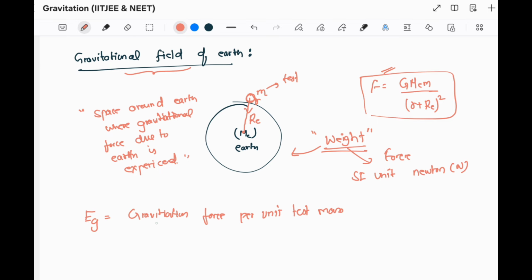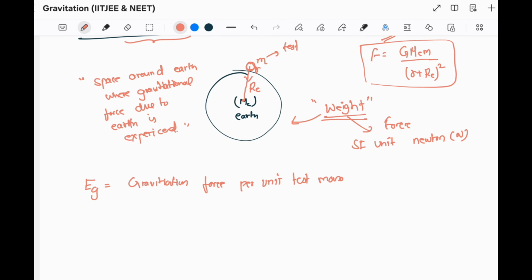So the field of Earth will be the gravitational force Fg, which is G mE m by r square. Because r is very small compared with the radius of Earth, you can simply write G mE m by re square. So the gravitational force per unit test mass: per unit test mass, m will be cancelled.